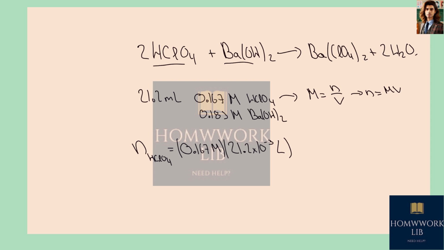So we simply multiply by 10 to the minus 3. The result is 3.5404 times 10 to the minus 3 mole of HClO4.